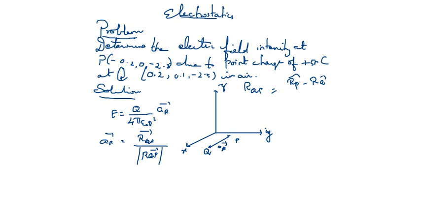You know the points of P as well as Q, so you can write that easily. Let us move to the next page. So r P is equal to minus 0.2 a x vector plus 0 a y vector minus 2.3 a z vector.